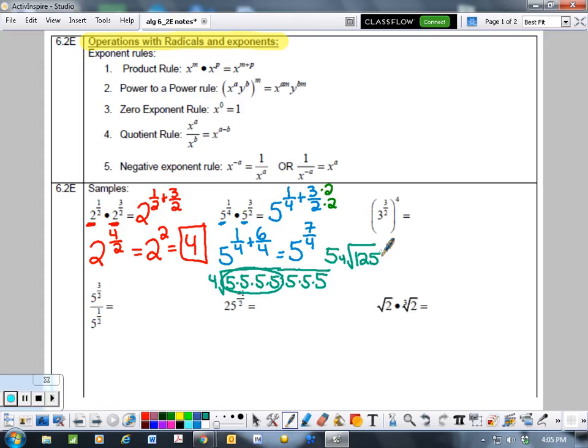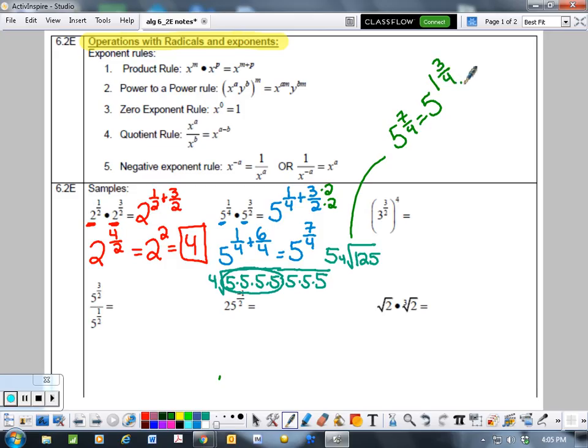Or I could go ahead and break this up. So this is a 5 to the 7/4, which is really 5 to the 1 3/4. So you're starting to see that.